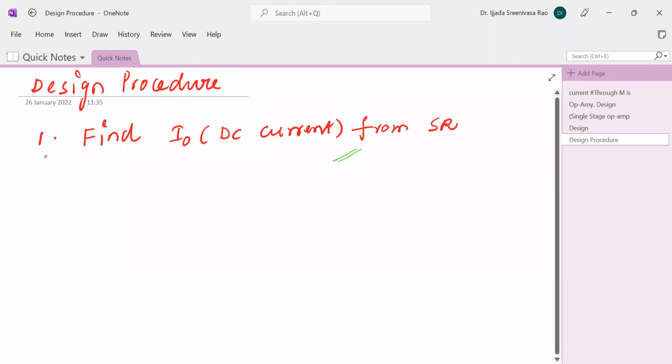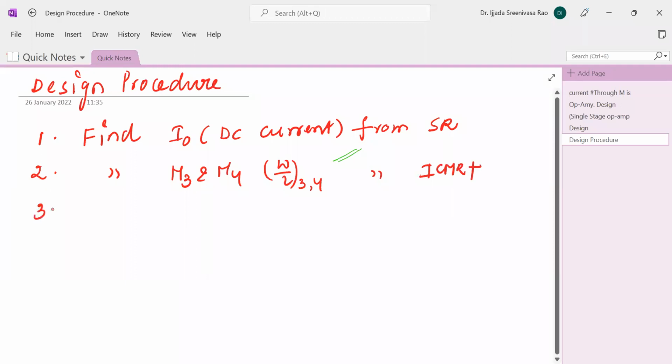That is the first step. Second step is find the M3 and M4 dimensions, the W by L ratios of M3 and M4, from the maximum ICMR value.